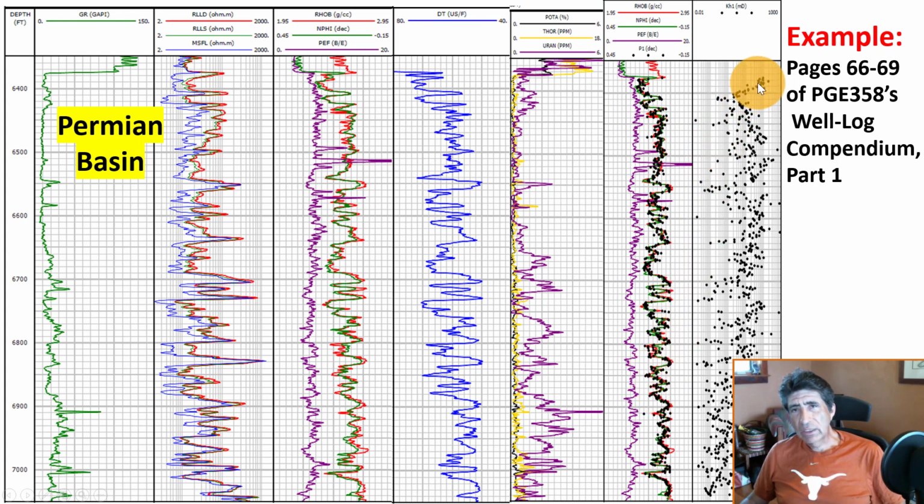And here is a plot, logarithmic scale, of the permeability of these rocks. You can see that porosity is not extremely variable, but look at permeability. The variability of permeability is incredible compared to the variability that we observe in core porosity.